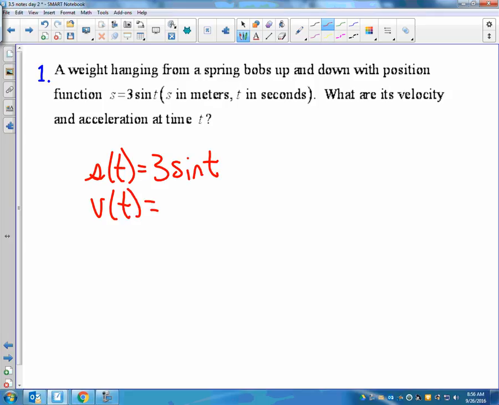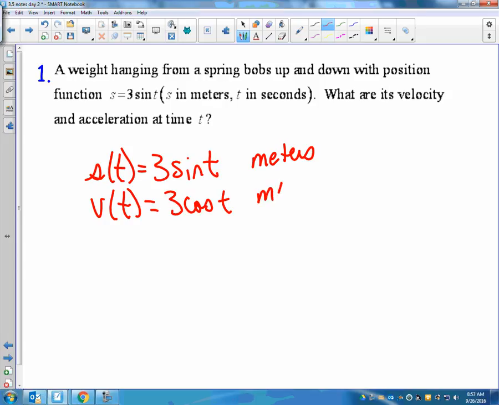So, Jarrett, what would the velocity of this curve be? And let's talk about units here. If s is the position, when we plug time in there, we would just get meters. What would the units be on the velocity? Yeah, because we're taking it with respect to t.